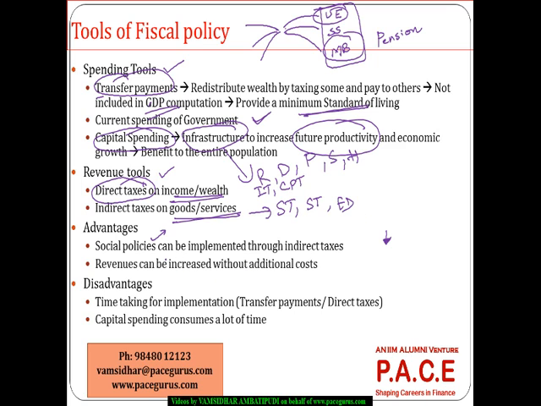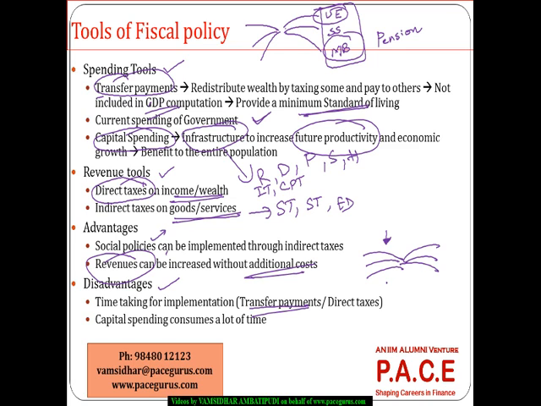The same logic results in the revenues typically going up without any addition to the costs. But obviously they have their own disadvantages also, because any of these schemes and transfer payments have their own time for implementation. One, they have to be collected. Two, they have to be distributed.